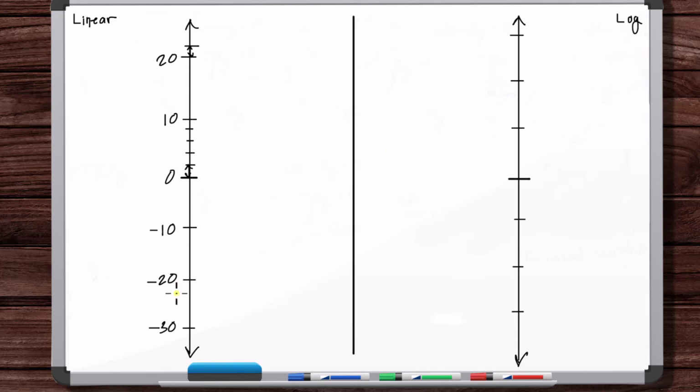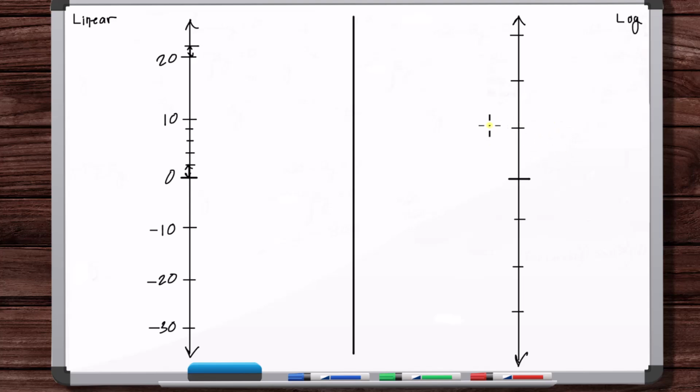Okay, but now just like the linear scale, we could choose this common difference to be whatever we want. Here we can choose the common base to be whatever we want. Now, what's most commonly used is base 10. But again, you can use whatever base you want. But to start out, let's look at base 10.